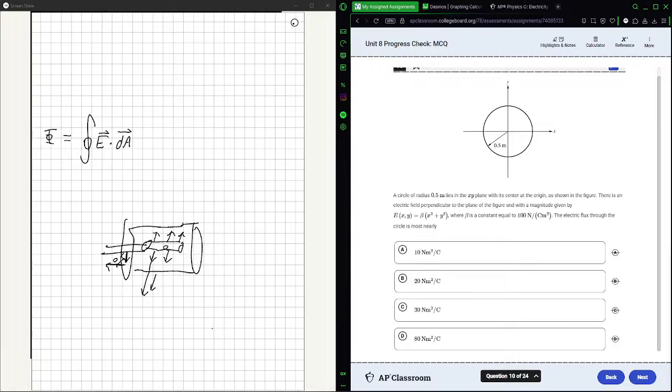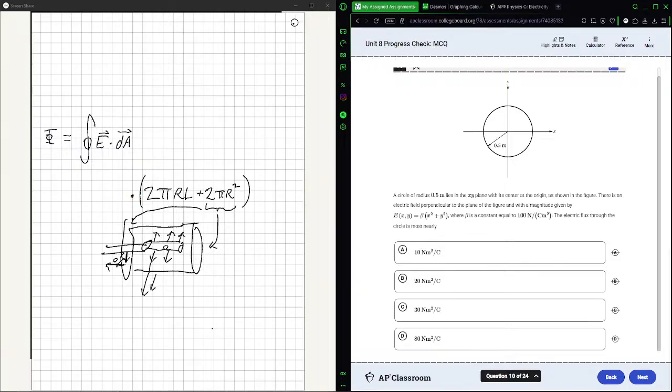So the dot product of these is 0. The net area of that bigger Gaussian cylinder is 2 pi RL plus 2 pi r squared, but the pi r squared part represents these two sides.